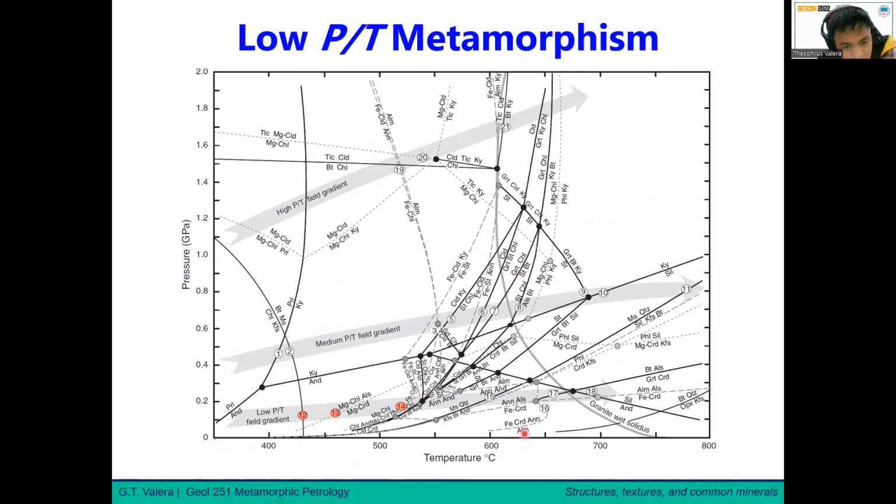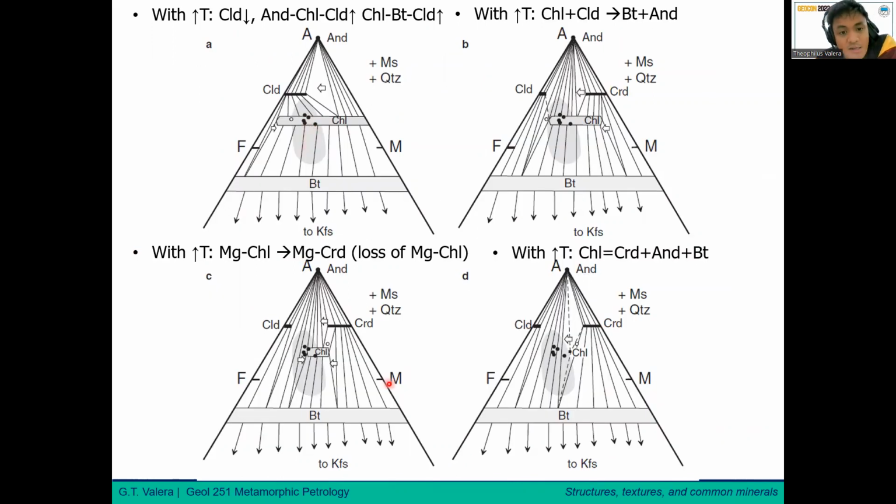Medyo, as you can see kasi ang problema dito sa low PT, lahat sila nangyayari very quickly. Magkakadikit yung mga diagram, yung curves natin. So, anyway, tinanan natin siya sa AFM. So, nag-i-increase lang yung triangle na to. Increase hanggang eventually naputol na siya.